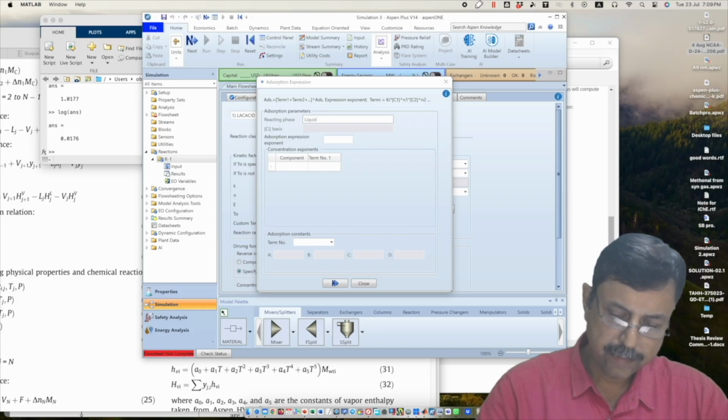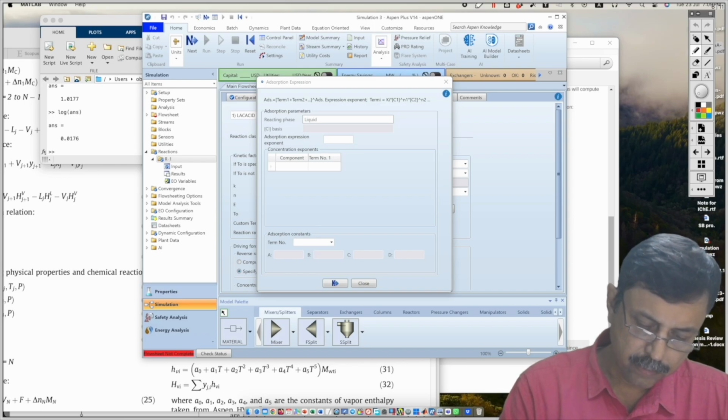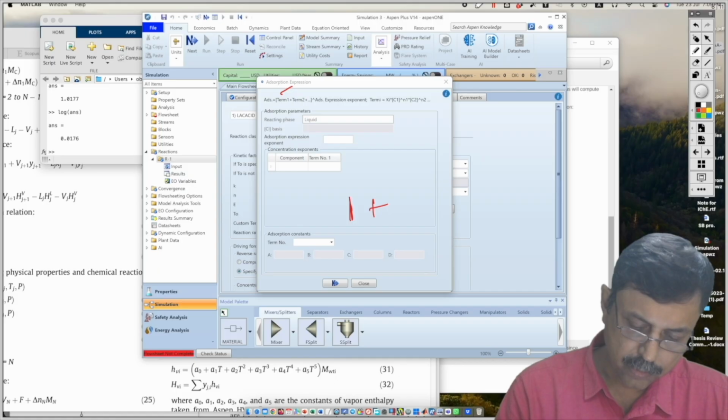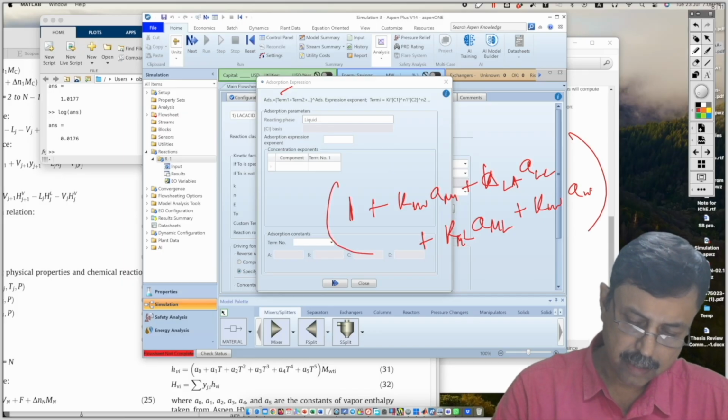So basically term 1 is equal to 1, term 2 will be K of methanol into A of methanol, term 3 will be K of lactic acid into A of lactic acid, term 4 will be K of methyl lactate into A of methyl lactate, and term 5 will be K of water and A of water, and the whole thing squared.